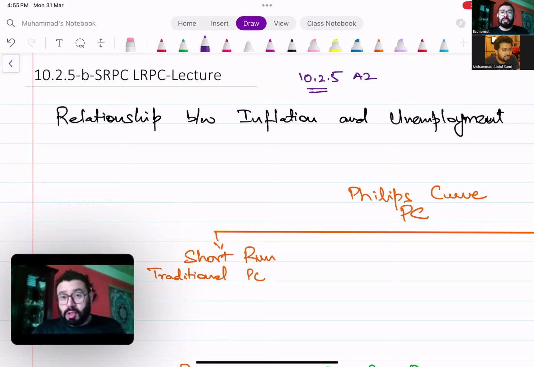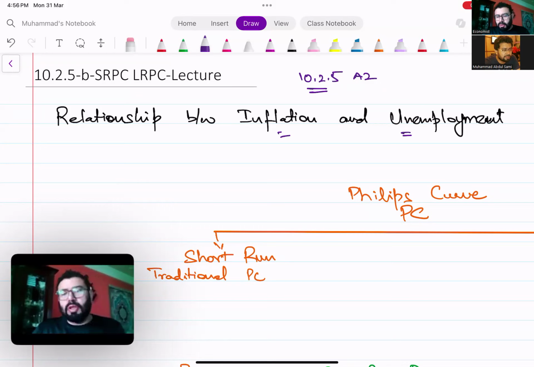Inflation is a persistent rise in the general price level of goods and services in an economy over a period of 1 year. Unemployment is a situation when a person is able to work, available to work, seeking work, but could not find a job. So this is the introduction of inflation and unemployment.